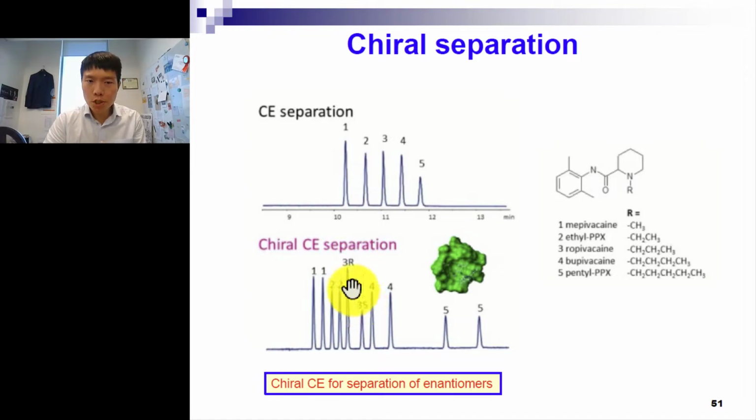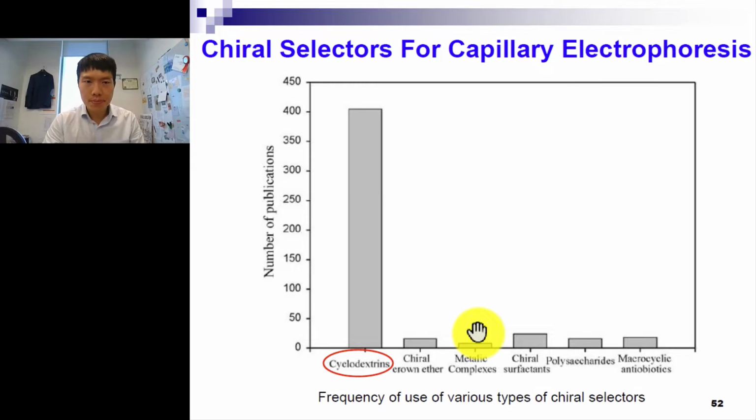So here I just, for example, 3R, 3S. This one could be 1R, 1S, or the other order. We haven't done this investigation, but I want to say that there will be a slight difference in their mobility for the enantiomers.